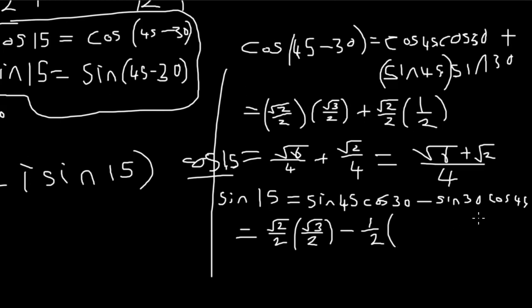Then you open the brackets, cos 45 will also be root 2 over 2. So this one you get the same thing.